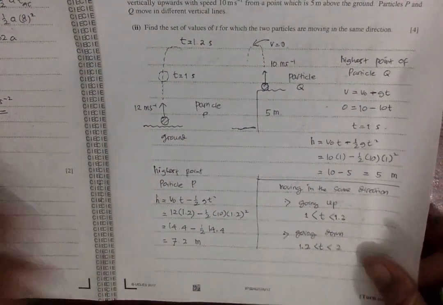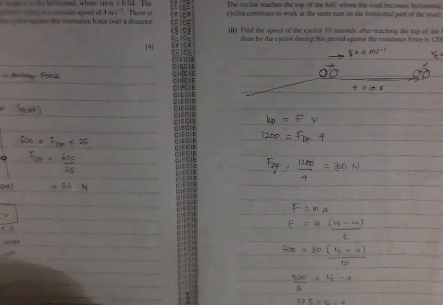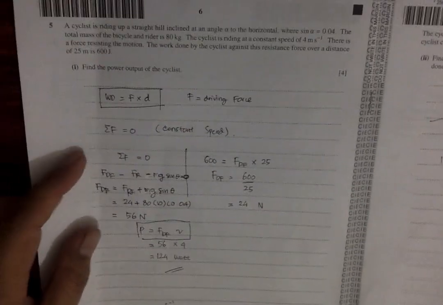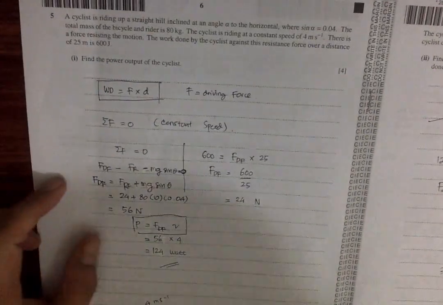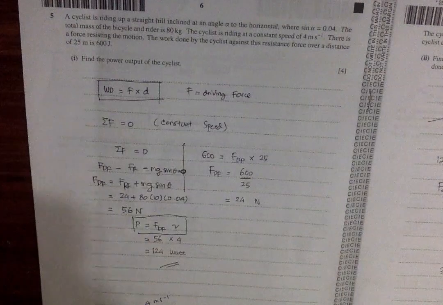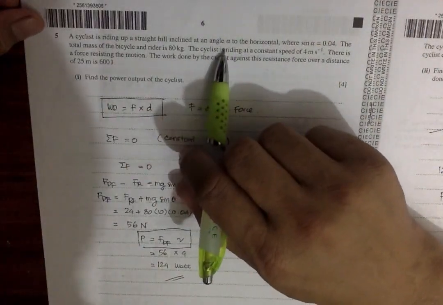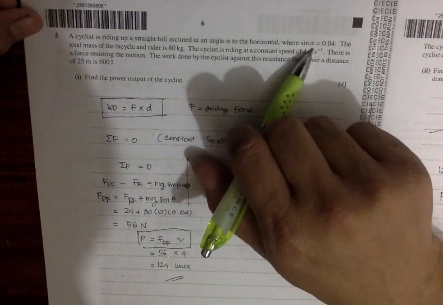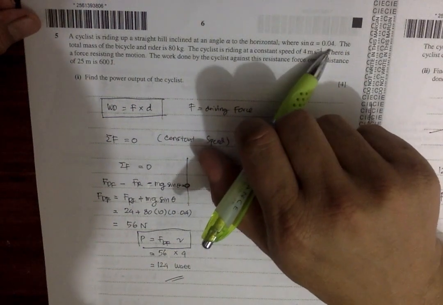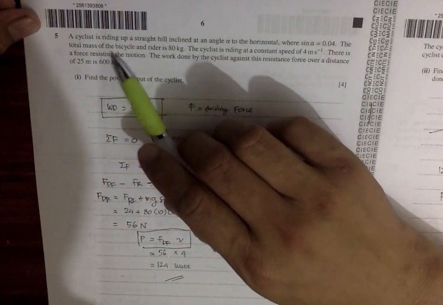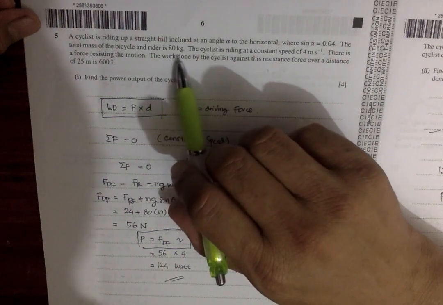Okay, let us continue to the next number. A cyclist is riding up a straight hill inclined at an angle alpha to the horizontal, where sin alpha is 0.04. The total mass of the bicycle and rider is 80 kg.